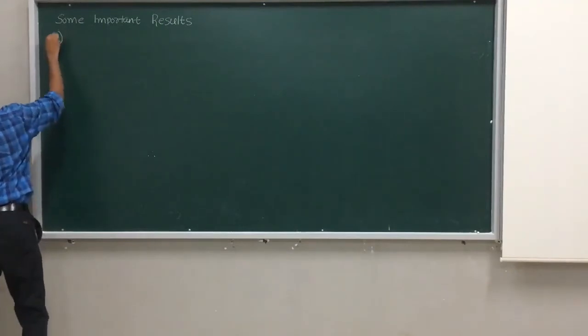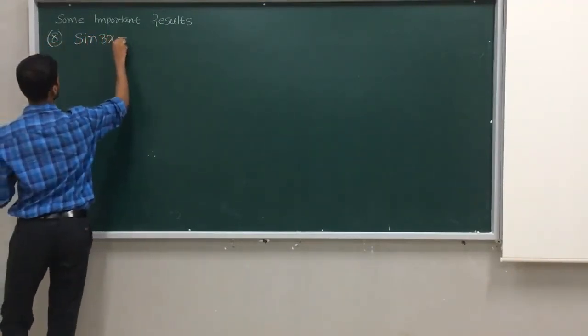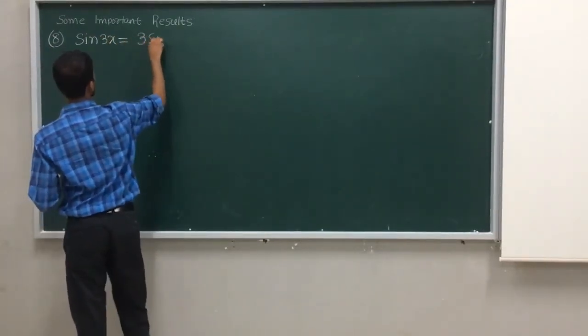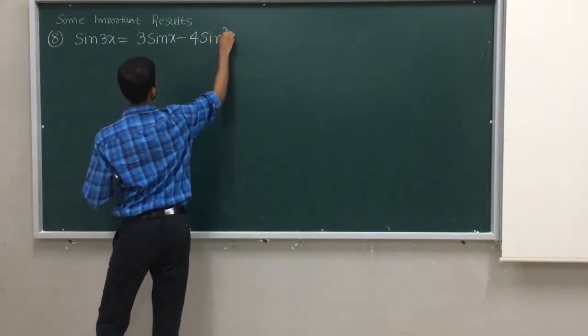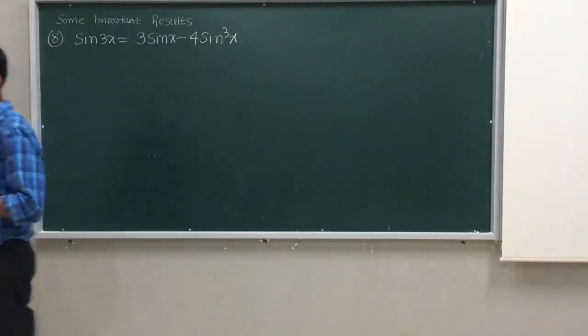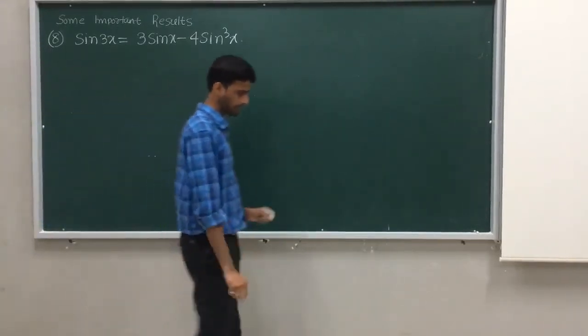Eighth one. Prove that sin 3x is equal to 3 sin x minus 4 sin cube x. There are many ways to prove this result.